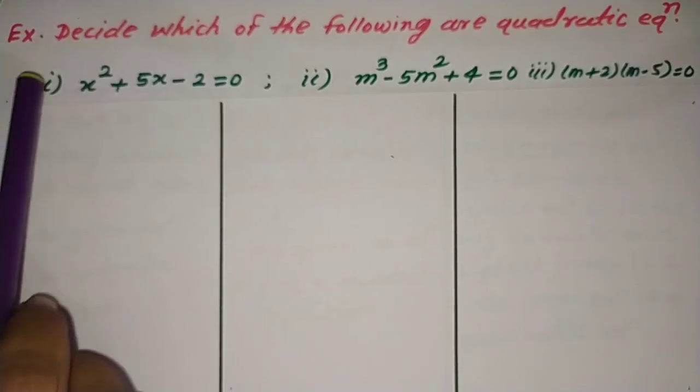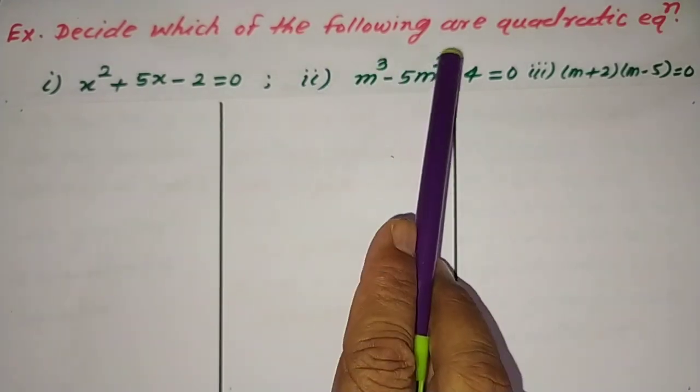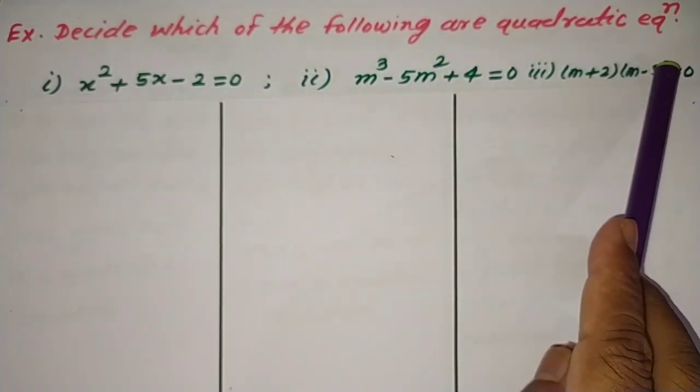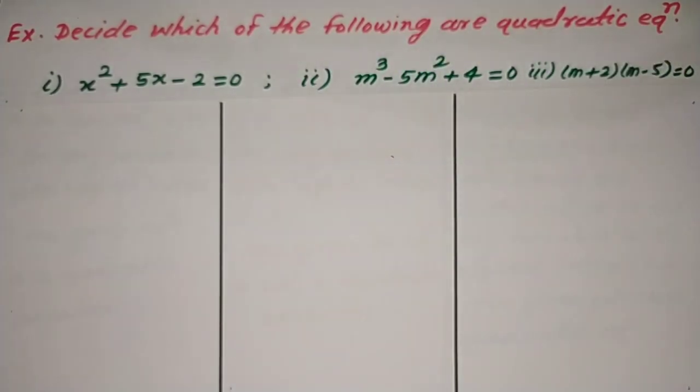Example: decide which of the following are quadratic equations. Example 1: x square plus 5x minus 2.